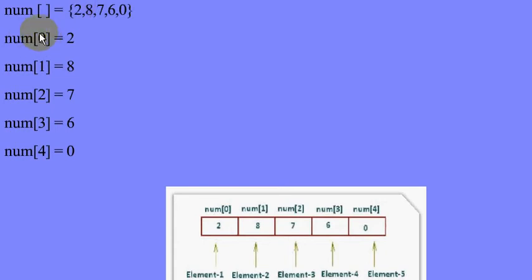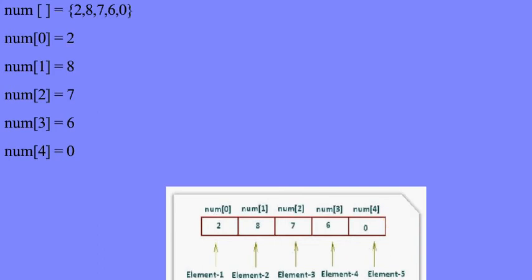So num0 will hold the value of 2 and num1 will hold the value of 8. Likewise 7, 6 and 0. Like this they will be stored in our array. So we have 5 elements, but the addresses of the array begin from 0, so we have the last address as 4. If you have more elements, then it will be num5, num6, likewise.